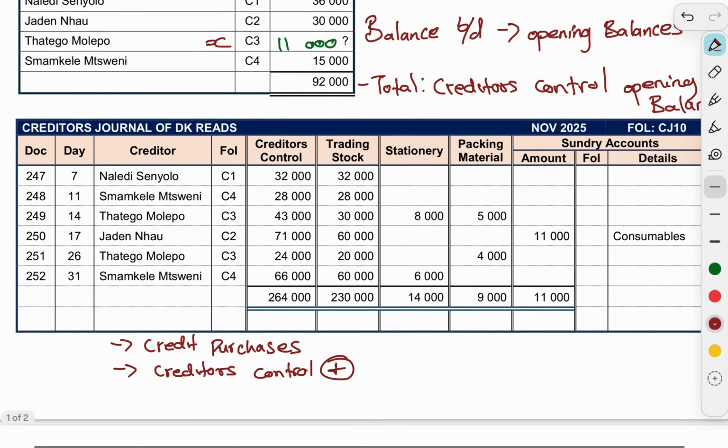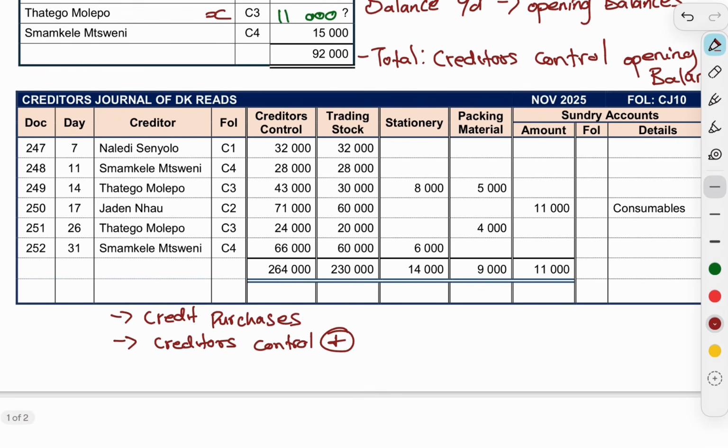Also, what you need to know is the source document. Before you record in any journal, you need evidence that that transaction took place. So which evidence is that? Which source document is that?